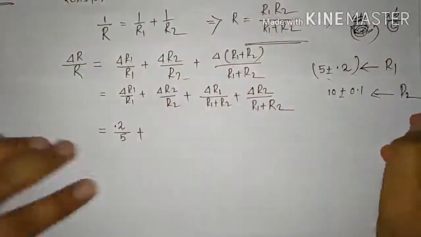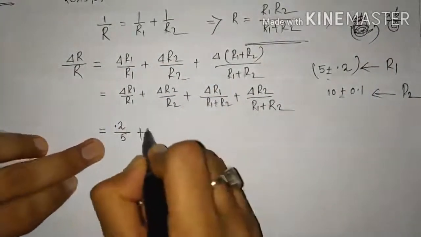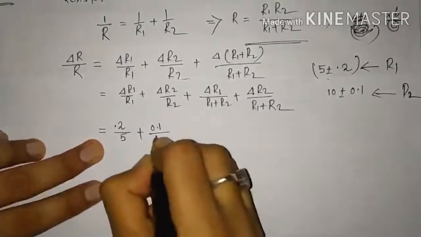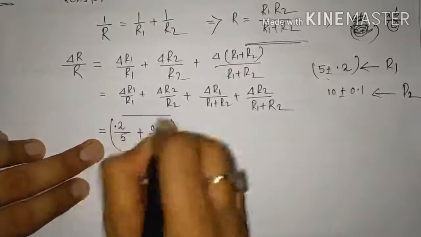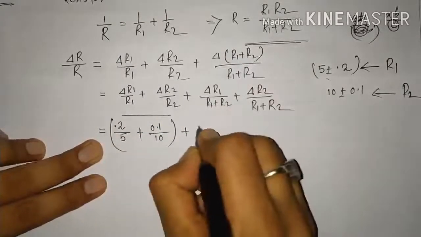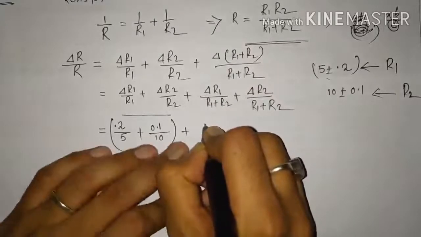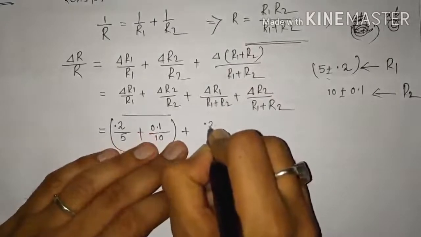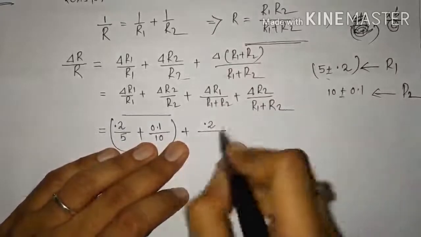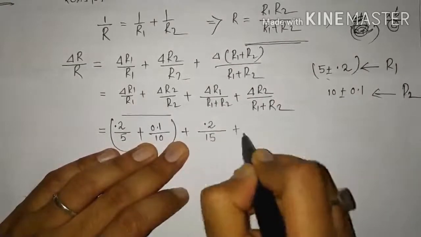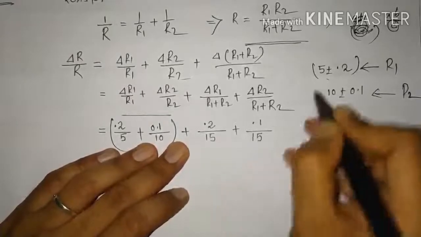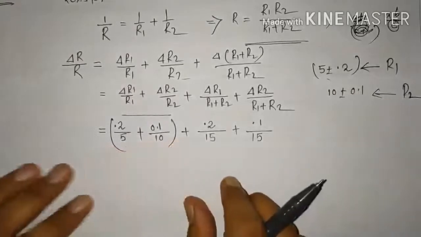So this will be 0.1 divided by 10. So this part is over, plus delta R1, that means 0.2 divided by R1 plus R2, that means 5 plus 10 is 15, plus delta R2, it is 0.1 divided by again 5 plus 10, 15.